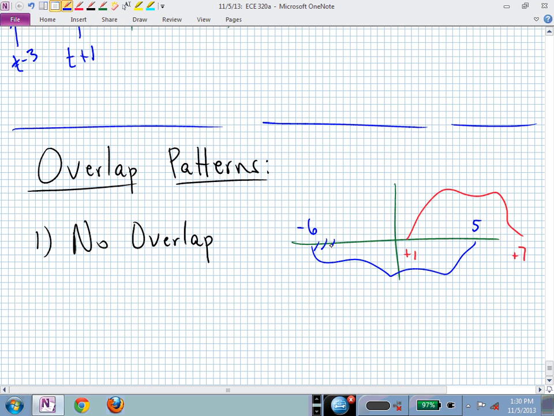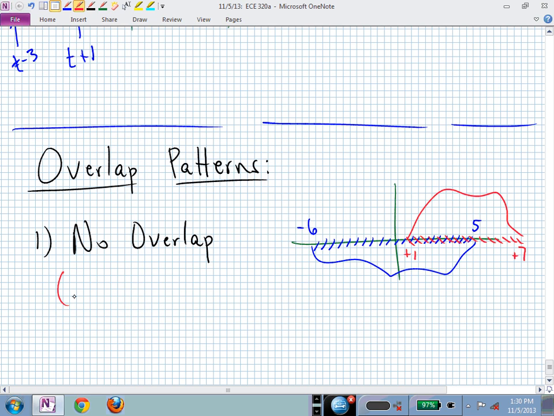This blue function has an interval of support between minus 6 and 5. The red function has an interval of support between 1 and 7. Do those waveforms have any overlap in their interval of support? Yes, they do, don't they? In this diagram, it's between 1 and 5. So their functional form laying on top of each other is not critical for an overlap. Is that clear? It's their interval of support that I'm interested in.